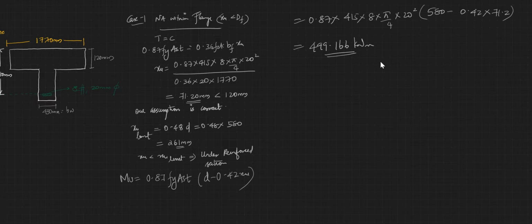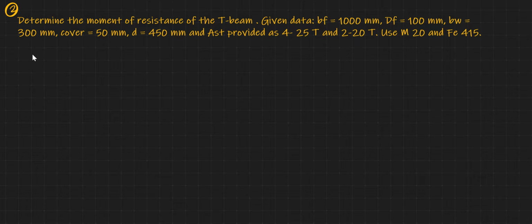If our assumption was wrong here, we need to continue to step 2A and 2B. Question number 2: determine the moment of resistance of a T-beam. Given data: BF, the effective width, is directly given as 1000 mm, DF, depth of the flange, is 100 mm, BW, width of the web, is 300 mm, and effective cover is 50 mm.